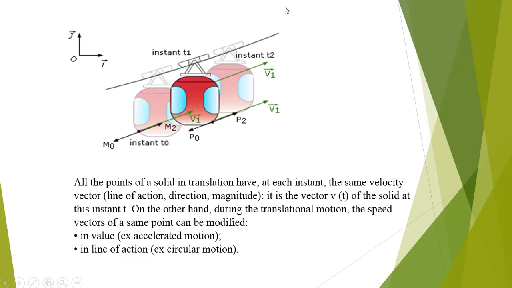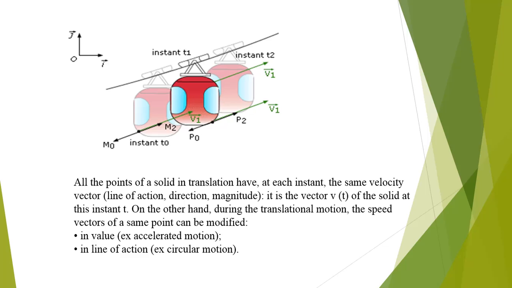At instant t2, the velocity of the same point M can have another value, since the motion is accelerated, so the value of velocity at instant t2 for the point M is greater than its value at instant t1.